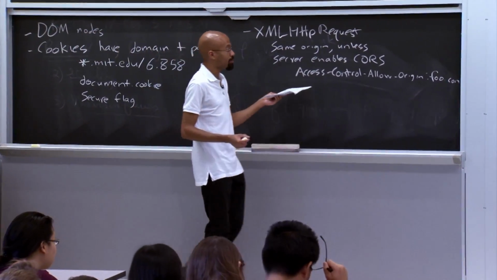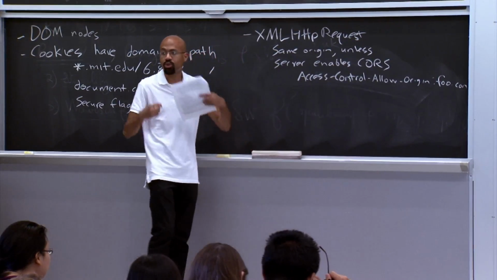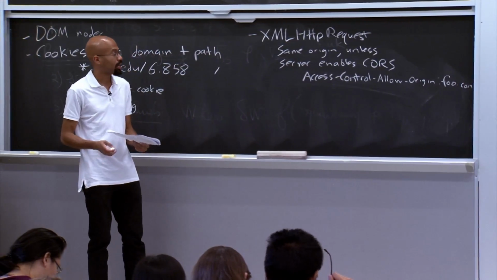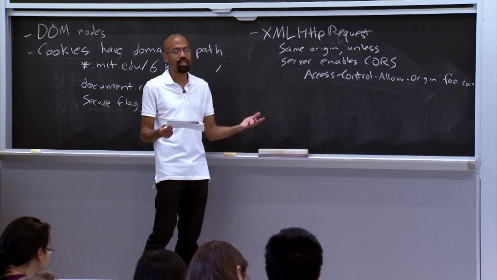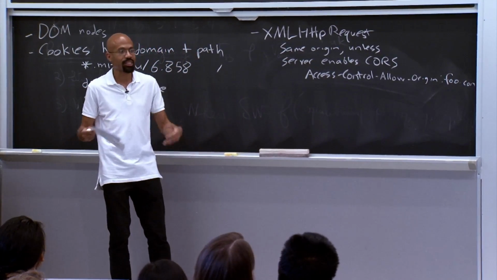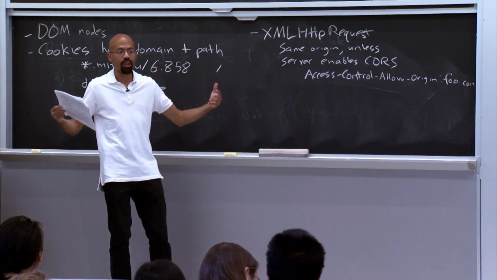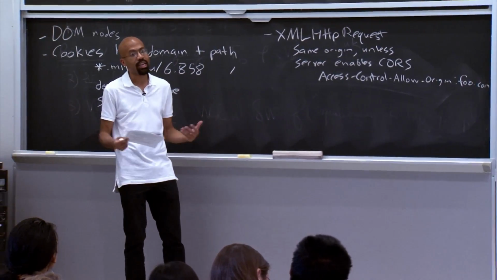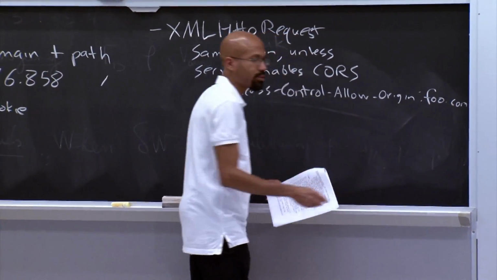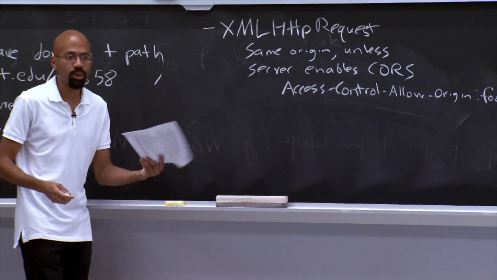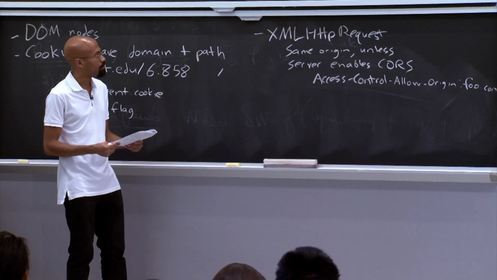The server in bar.com could actually say no. It could refuse the request, in which case the browser would fail the XML HTTP request. This is a new thing that's come up, in large part because of these mashup applications, this need for applications from different developers in different domains to be able to share data in some type of constrained way. This could also be an asterisk if anybody can fetch the data across origin, and so on and so forth. So I think that's pretty straightforward.